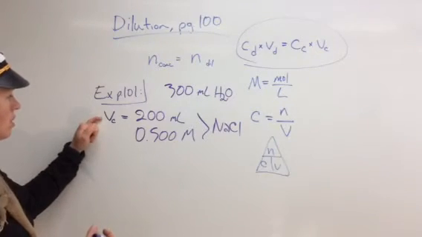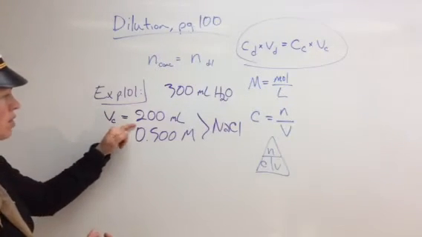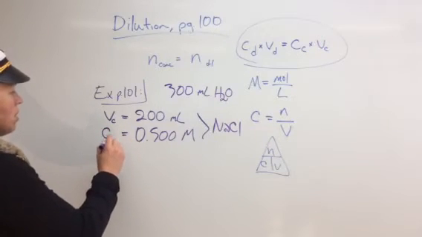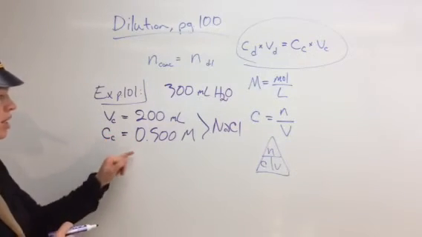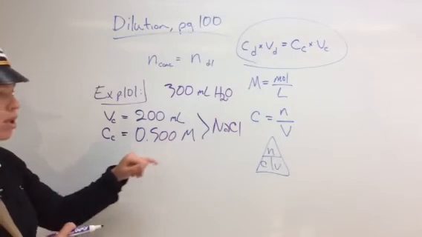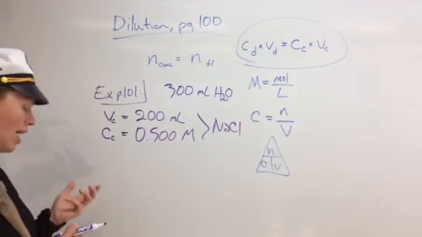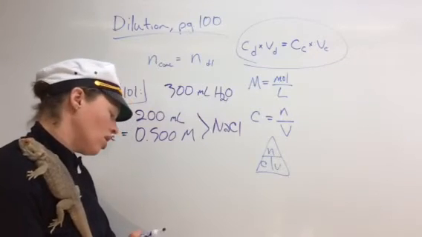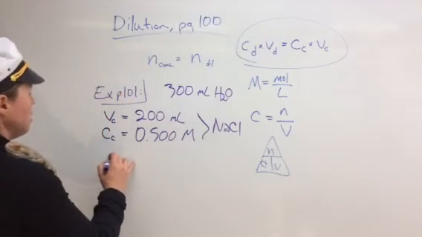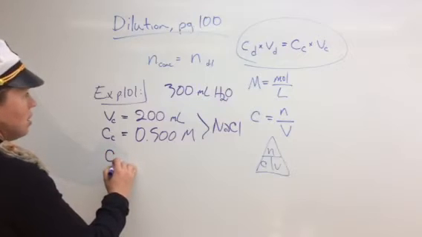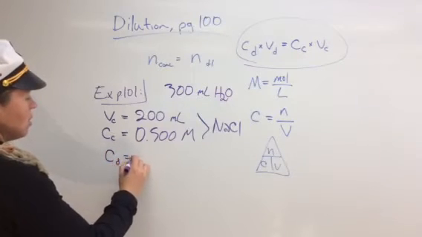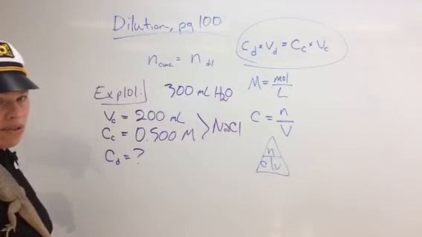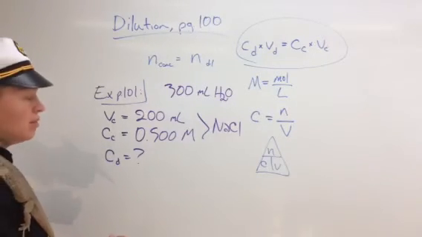But they're saying the concentrated volume was 200 mils before it was diluted, and the concentration before it was diluted is 0.5 M. So they're asking us for the resulting concentration of the mixture. So they're asking for the diluted concentration of the mixture. You can use your own letters if you don't like theirs. I don't care. It's just the pattern.